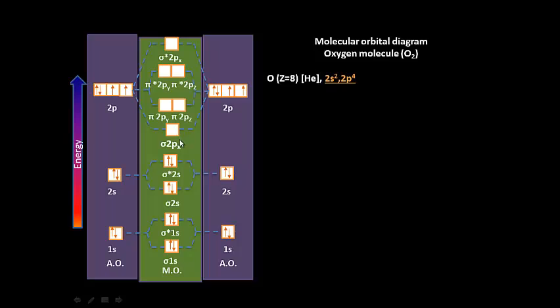We should note that the sigma 2px orbital energy is lower than pi 2py and pi 2pz. This is different from the nitrogen molecular orbital diagram, where pi 2py and pi 2pz have lower energy than sigma 2px.